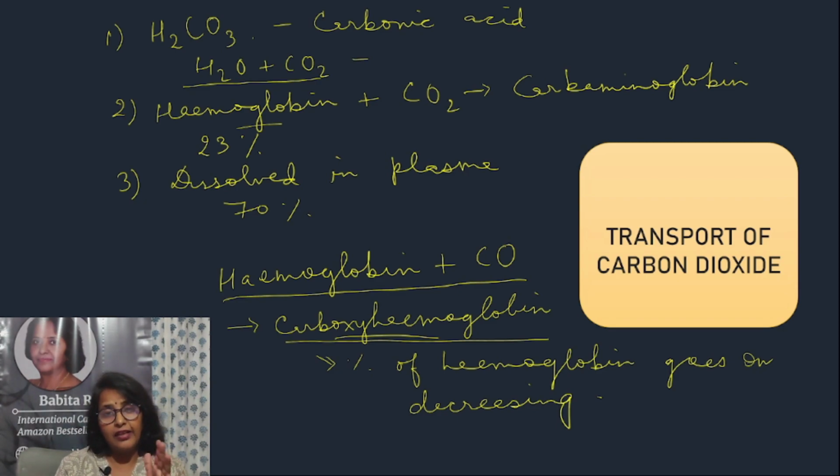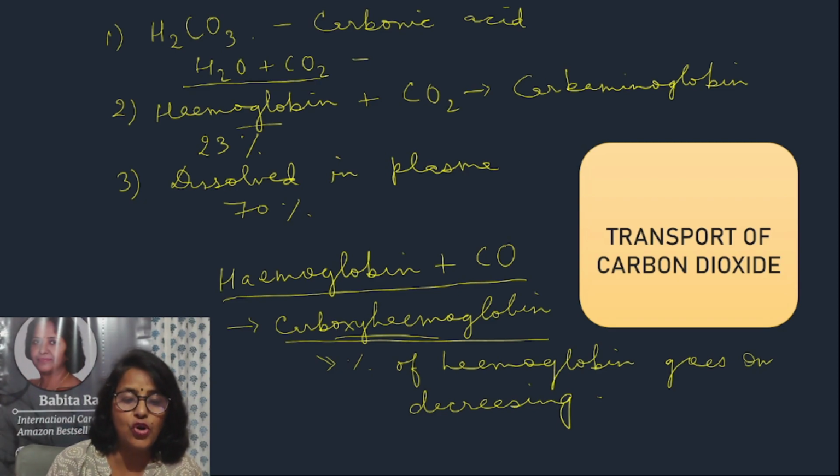So this is another reason why carbon monoxide should not enter our body, because it combines with hemoglobin much better than the oxygen and the carbon dioxide, and it forms a fixed compound. It does not break, it does not release the hemoglobin once a compound is formed, because of which the percentage of hemoglobin goes on decreasing, and sometimes a person may even die if he does not get proper oxygen at the proper time.